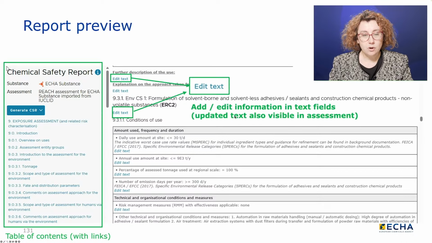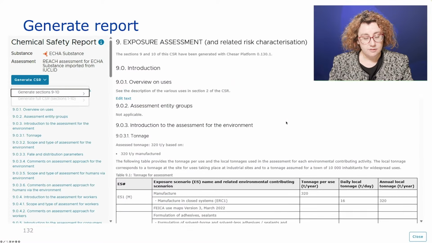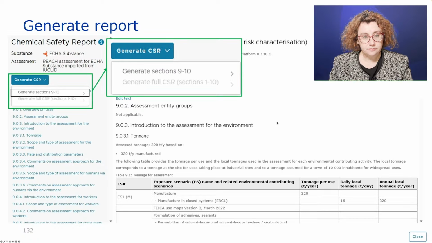There are a number of places where you can add information in text fields, and this will also be synchronized with your assessment. So whatever you edit here, it will be saved in case you want to generate the report again later on, etc. So you have done that, you have edited all you need to edit, and now you are ready to generate your CSR.